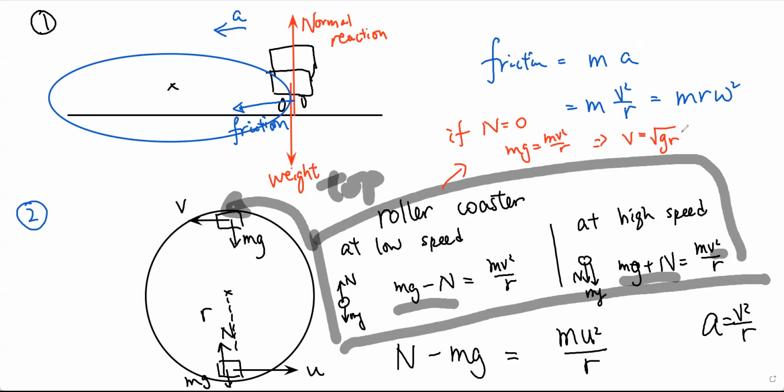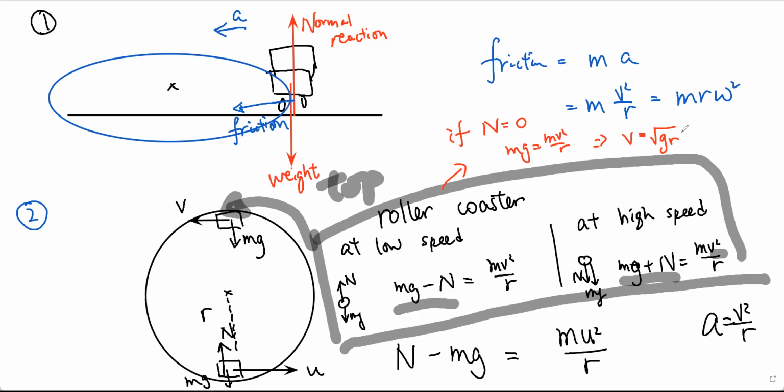If smaller than this speed, you may consider it a low speed, and it should be mg minus N. If larger than this speed, it should be mg plus N. This is the critical case in the middle. N is 0. There's no normal reaction at the highest point.